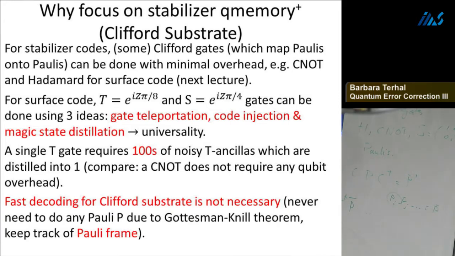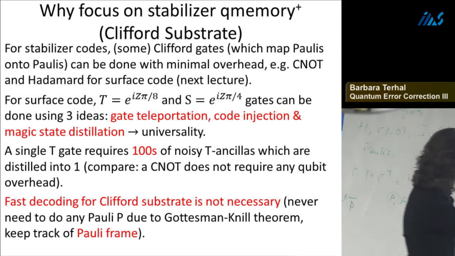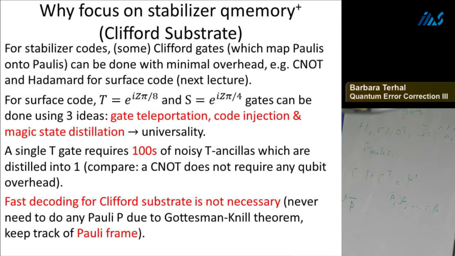I just write it down on a piece of paper, and I do the correct interpretation of my results, assuming that instead of having a 0, I really have a 1 now. That's fine. If I were to do T gates afterwards, so these non-Clifford gates, then I would really have to implement this logical Pauli. But I never need to implement these corrective Paulis.